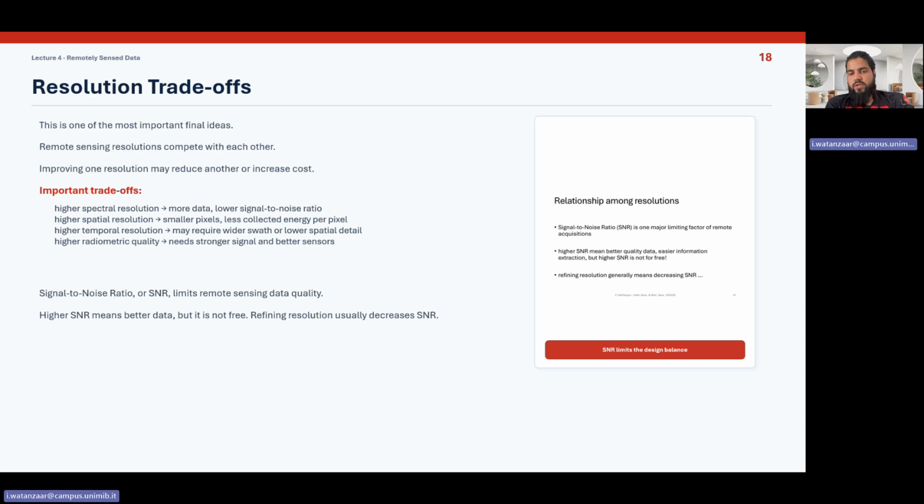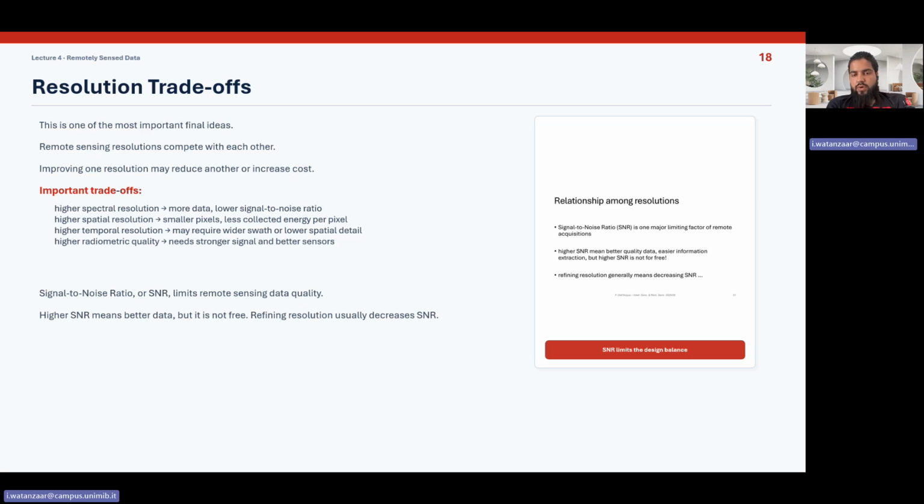If the signal is not strong, it cannot be helpful, and the cost is useless even though we used a better sensor. For high radiometric quality, the sensor may be in a low Earth orbit, closer to the Earth, to capture the signal better. But it depends upon the application.